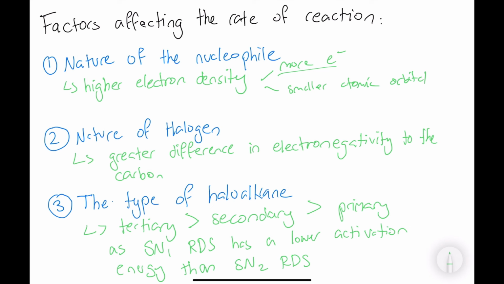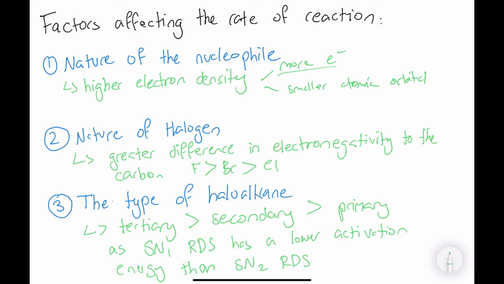The other one is you want a greater difference in electronegativity between the carbon and the halogen. So the halogen has to be a lot more electronegative. This means fluorine reacts faster than bromine, which reacts faster than chlorine. This is because if the halogen is a lot more electronegative, it is a lot easier for it to get the electron of the carbon, so then the bond is a lot weaker and easier to break.